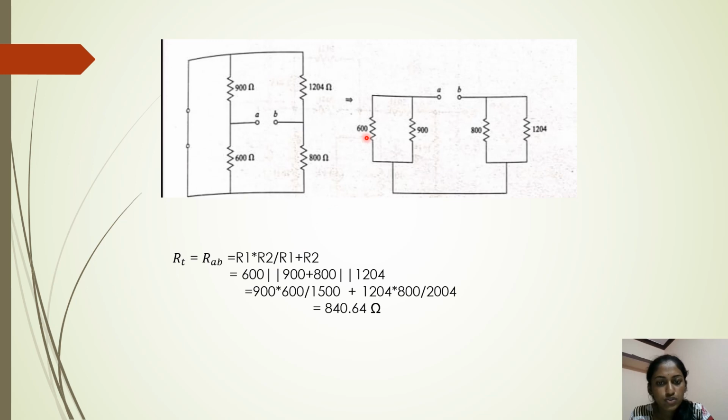So 600 ohm is parallel to 900 ohm, plus 800 ohm is parallel to 1204 ohm. 600 parallel to 900 is equal to 900 into 600 divided by 600 plus 900, which is 1500, plus 800 parallel to 1204 ohm, that is equal to 1204 into 800 divided by 800 plus 1204, that is 2004 ohm. Then the final value of RT is equal to 840.64 ohm.